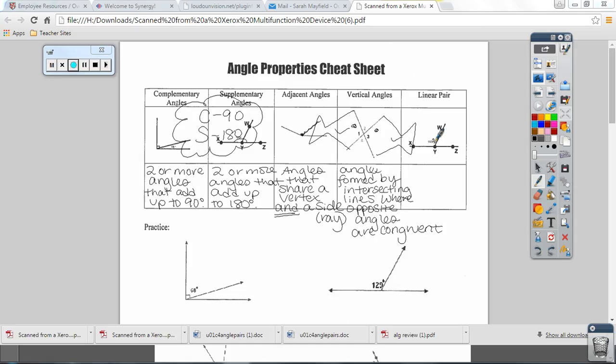With supplementary, I could have 3 or more angles that add up to 180 degrees. That does not make them a linear pair. So a linear pair is 2 adjacent angles that make 180 degrees.